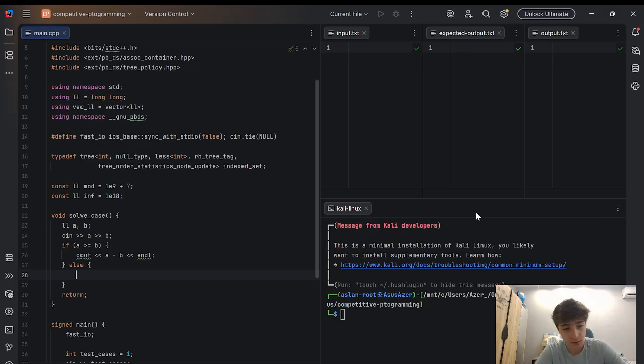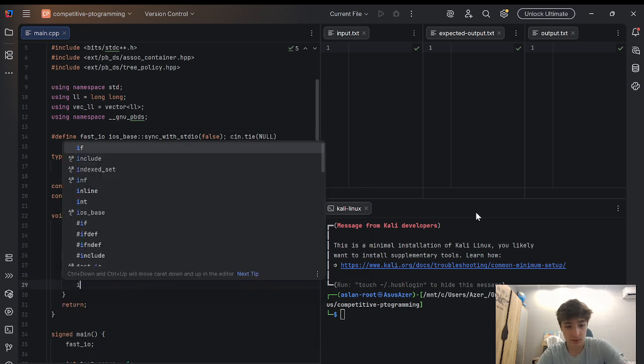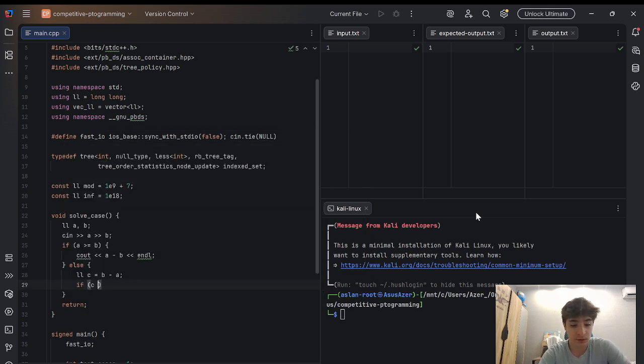Okay, I think so. I will do c equals b minus a. If c divisible by 2 is equal to 0, cout yes.